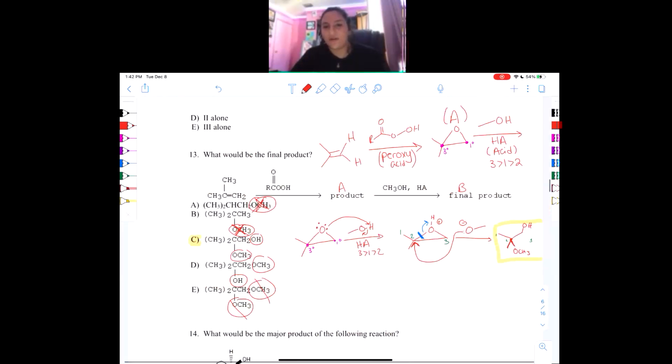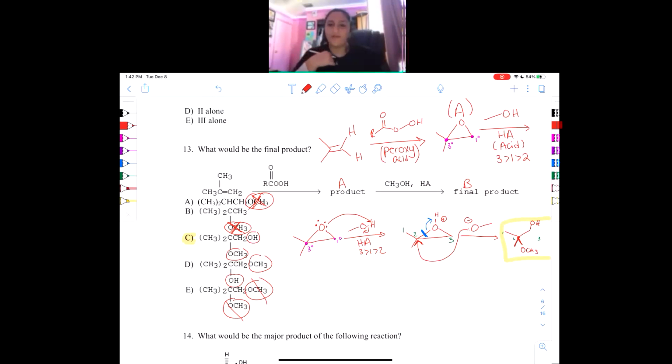I somehow numbered it and still drew the wrong number of carbons. So thank you for pointing that out. No, don't be sorry. Thank you for pointing that out. I just made a mistake. So in case I confused anyone, yes, there was only supposed to be 3 carbons there. I made a mistake. Good catch.